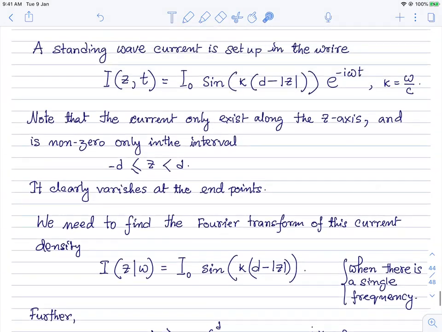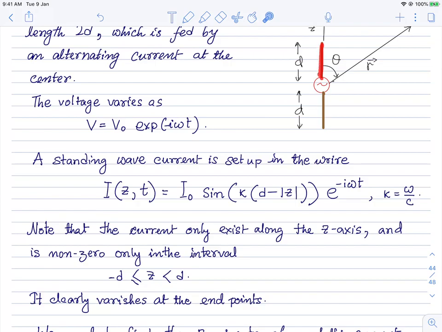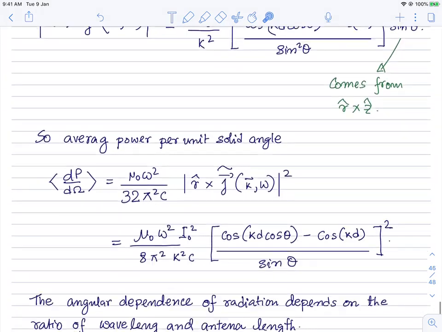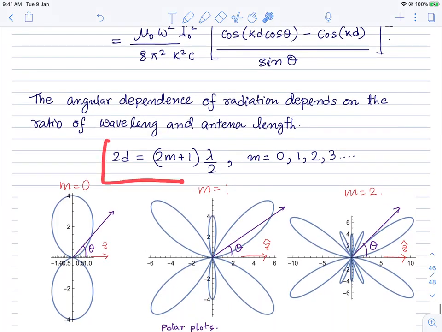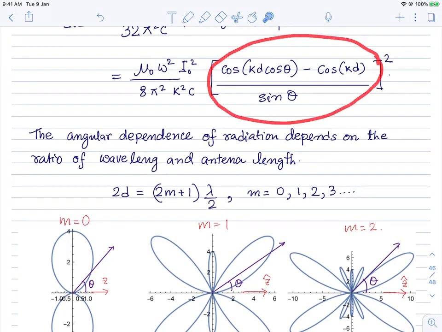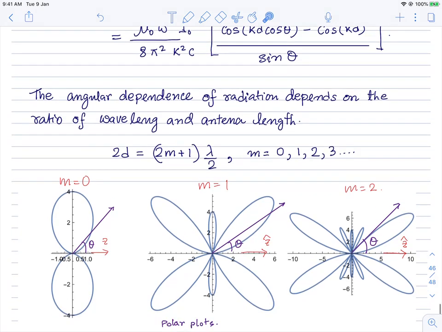So if it is some multiple of this d, then depending on what multiple it is, the directional dependence is different, and therefore we can use this.